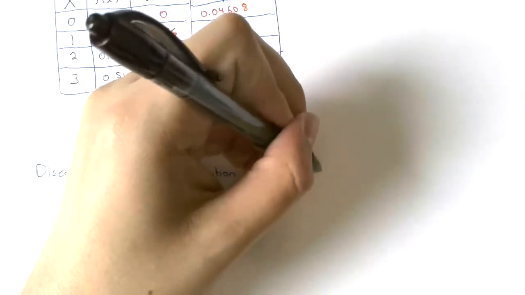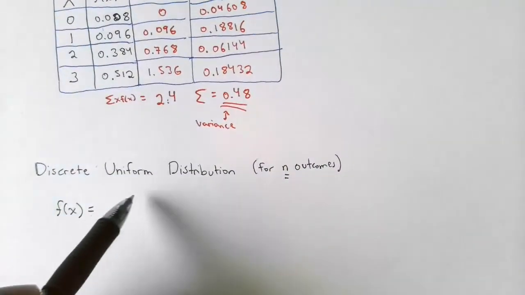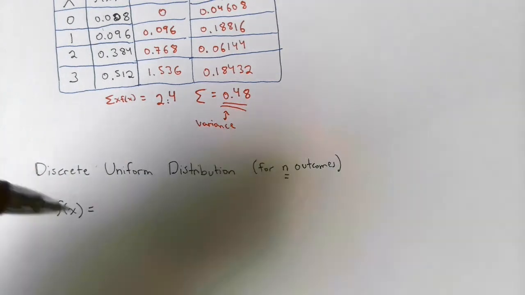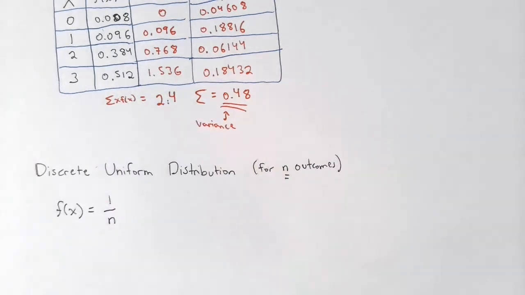Let's say for n outcomes. What is the probability of each outcome if they are uniform? So it's the same outcome, equally likely outcomes. Yeah, that's correct, 1 over n. And that's all it is, right? For a random variable that has n outcomes, my probability distribution is simply 1 over n.